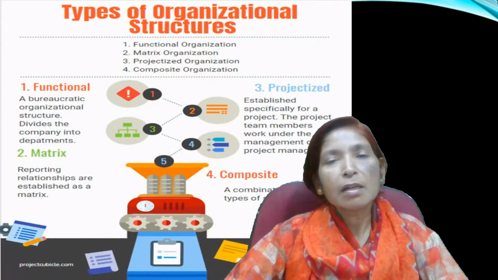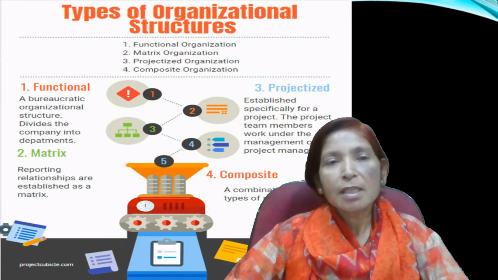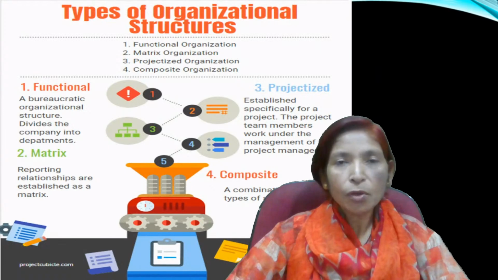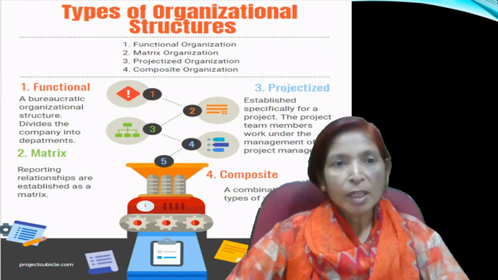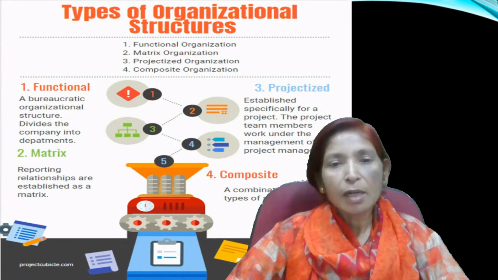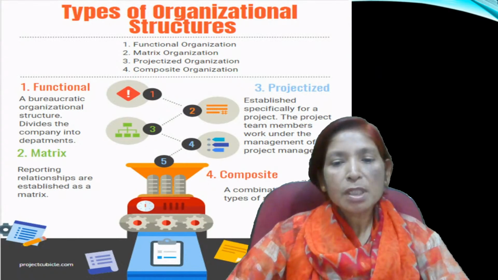There are many types of organizational structure. Types of organizational structures are basically classified into four groups. One is functional organizational structure, second is matrix organizational structure, third is projectized organizational structure, and fourth is composite. Composite is a mixture of different types of organizational structure.